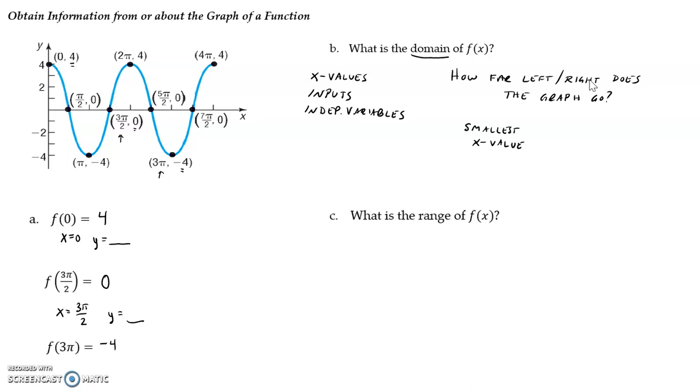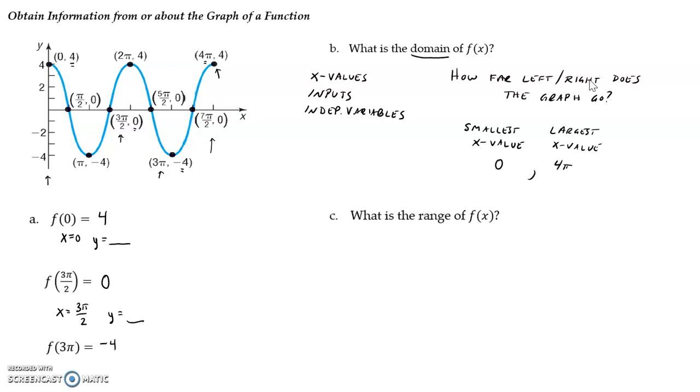If we're looking at the blue portion of our graph here, my smallest x value is going to be at an x value of 0. My largest x value, the graph stops somewhere over here. And if I'm looking at x values, I'm actually looking at this point on my graph. So my x value here is going to be 4 pi.